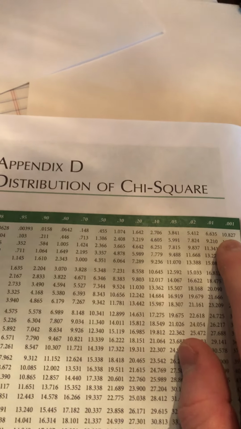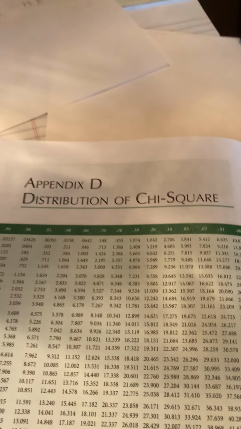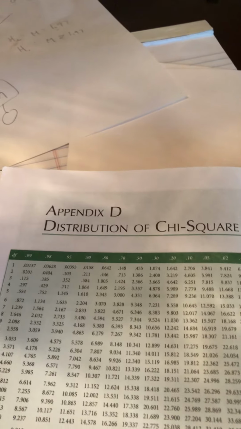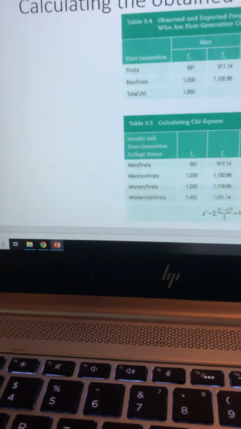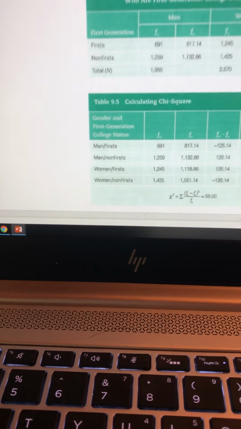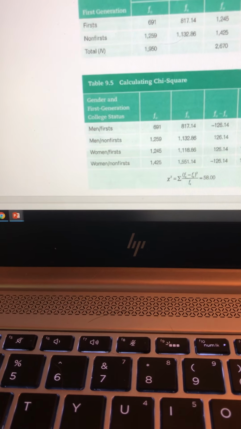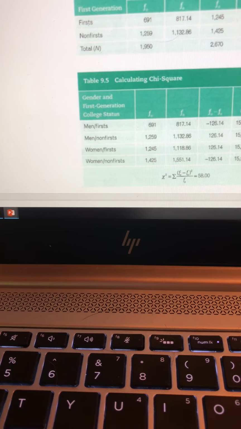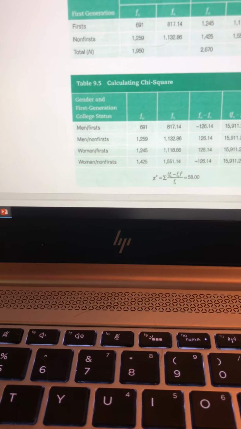99.9%, we're still above. Remember, the key in both hypothesis testing and chi-squared testing is that we calculate what's called a test statistic, and then we compare it to a critical value. If it's above the critical value, then you reject the null, you accept the research hypothesis, and you can say there's a relationship.